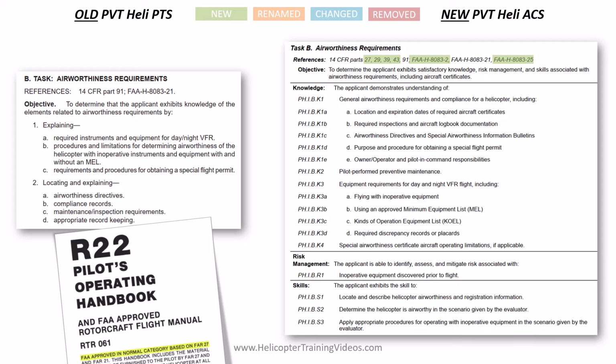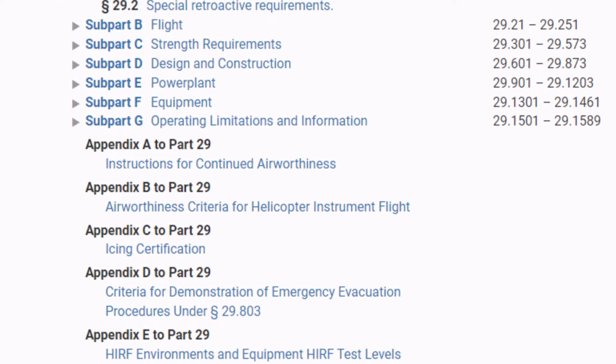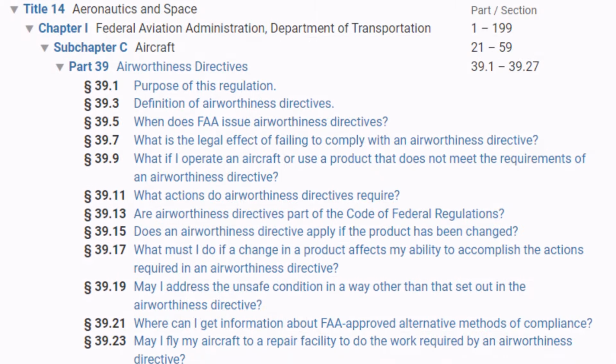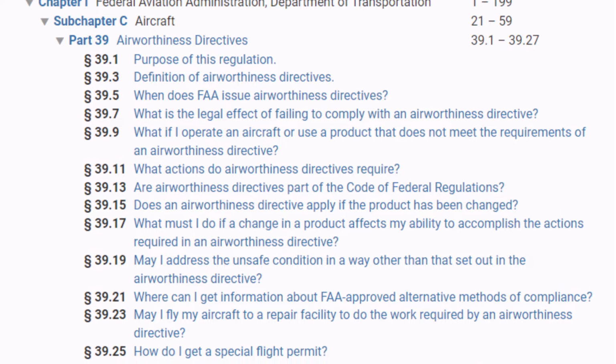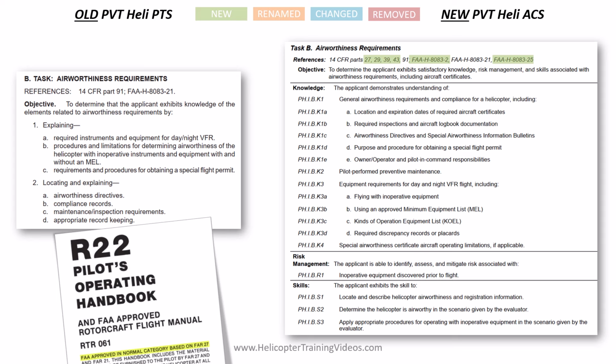There's also Part 29, which is for transport category. That wouldn't really apply. Part 39, which is the legal framework for the FAA using airworthiness directives, or ADs. Part 43, which you probably should already be aware of, covers areas like preventative maintenance, that kind of thing. The other two references there are the risk management book and the PHAC.